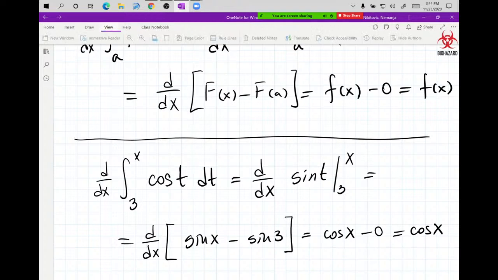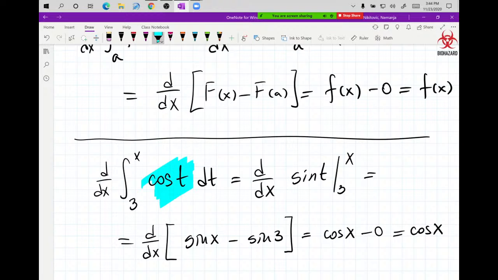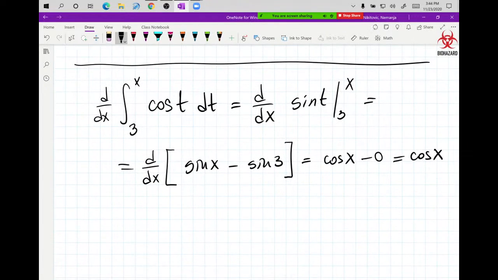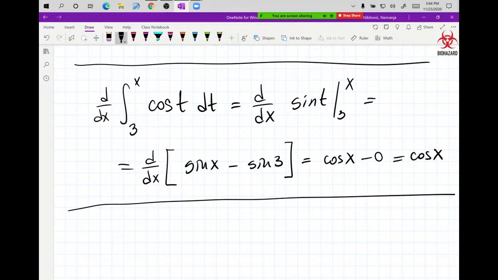You started with this cosine t, and you ended up with cosine x, which is the same function. It's just a different variable because we had to use the dummy variable, because this x is in the limit of the integral. The fundamental theorem of calculus tells us that derivatives and integrals cancel. They undo each other.